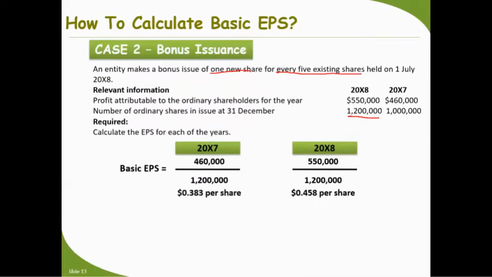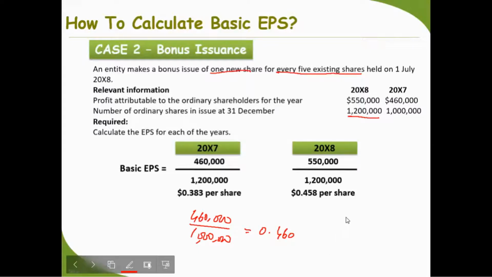Now look, we can do this in another way. Let's calculate the normal EPS of 2007, which is 460,000 divided by number of shares 1 million, which is equal to 0.460. Now, what is the bonus fraction?